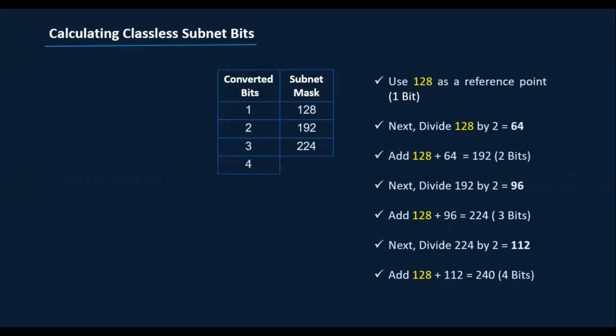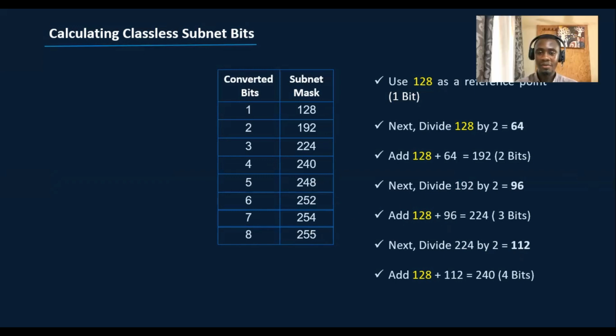And then you have the answer for your 4th bit, which is 240. So I guess at this point, you know what we'll do next. We divide 240 by 2 and then add it to our reference point. And if you do that, you should be able to fill this table very easily. So you use this formula if you cannot easily memorize the table. But if you can, there's no need for this trick.